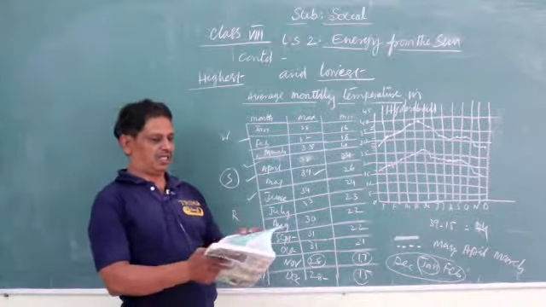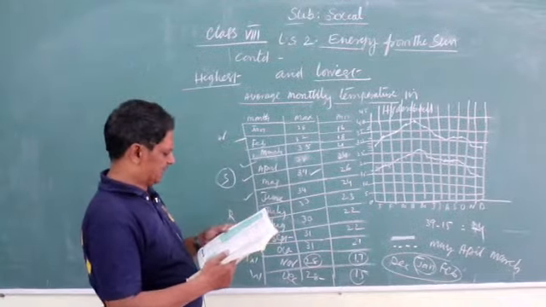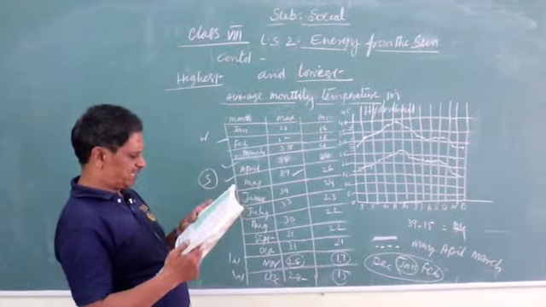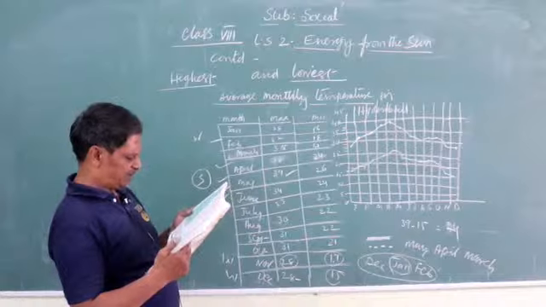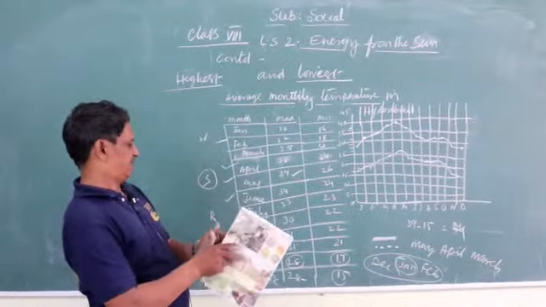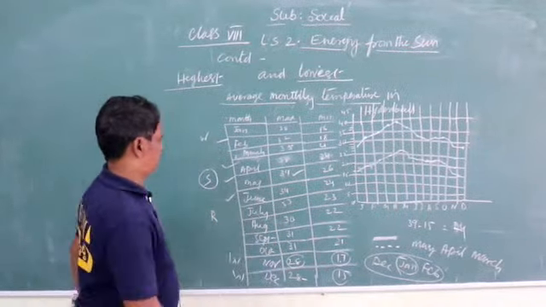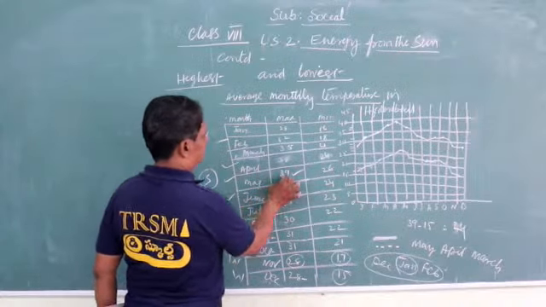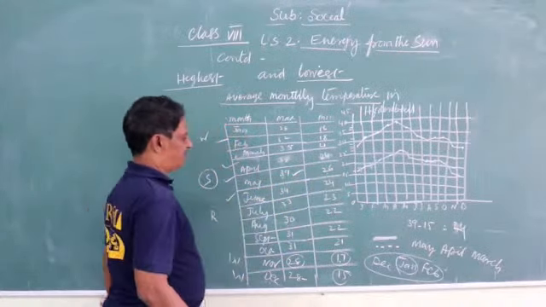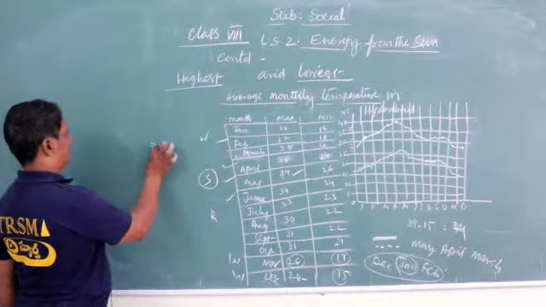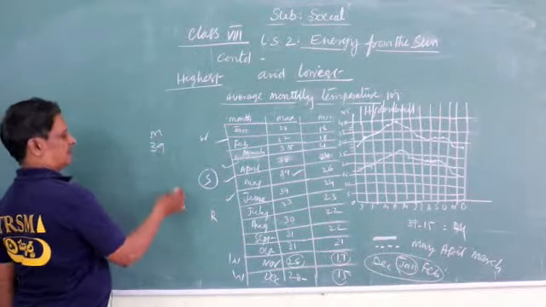Okay, one more question I want to bring to your notice. What is the difference between the maximum and minimum temperatures in May? This is maximum, this is minimum. What difference? 39 in May is the maximum.